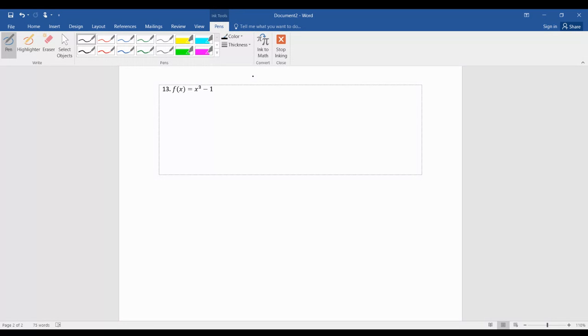If you're not sure, plug it into your calculator, x cubed minus 1, and look at your graph or your table, and we find that one of the zeros is x equals 1.